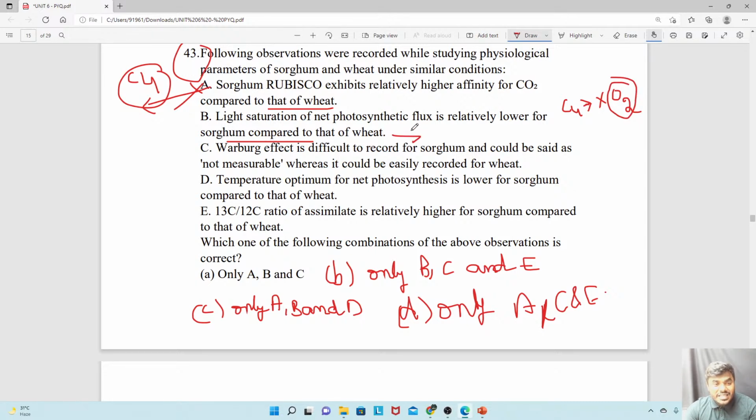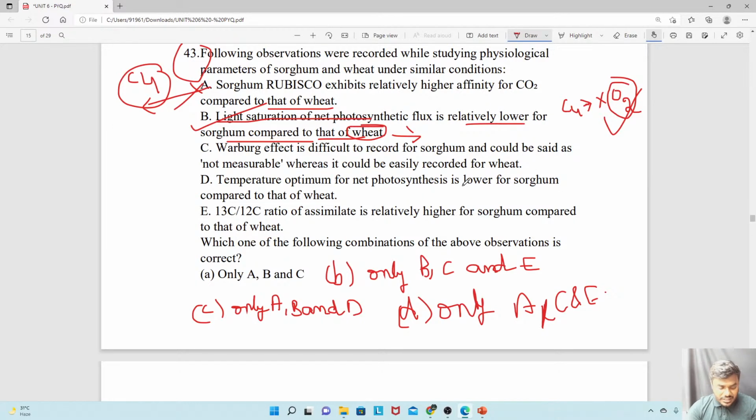But in the C3 plant, in wheat, there is a chance that photorespiration occurs. So that's why light saturation of net photosynthesis flux is relatively lower for sorghum compared to wheat, because in wheat photorespiration is possible. And option B is right. Warburg effect is difficult to record for sorghum and could be said as not measurable, whereas it could be easily recorded for wheat.